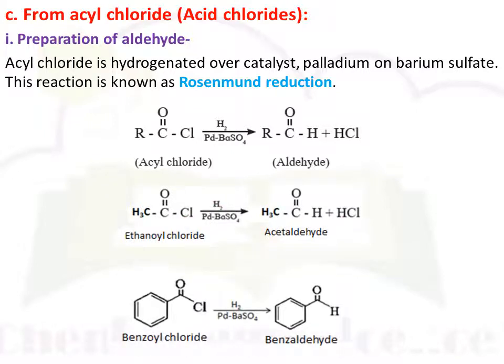And when benzoyl chloride is used as a reactant, which on reaction with hydrogen in presence of the catalyst palladium on barium sulfate, forms benzaldehyde as the main product and HCl as a side product. Here also chlorine is replaced by one of the hydrogens, and the other hydrogen combines with the chloride ion and forms HCl as a side product.